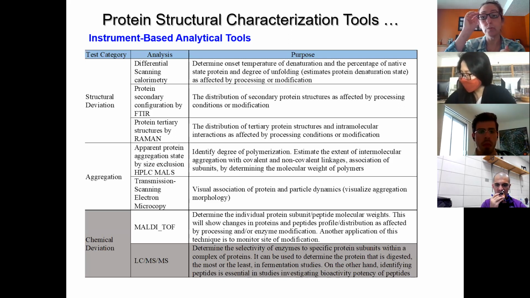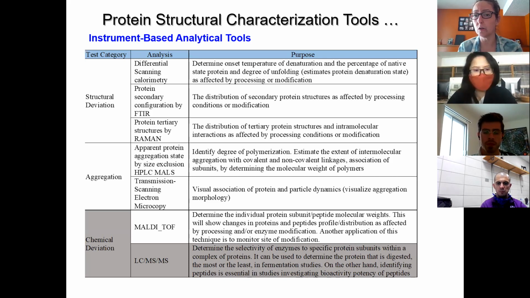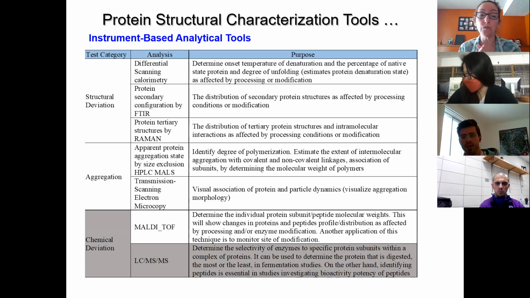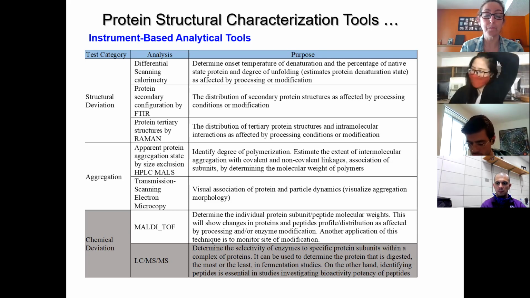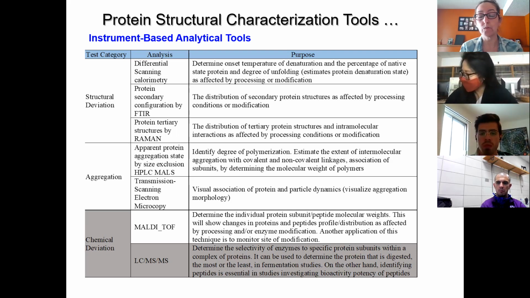And it can also be used for identification of proteins from different sources. For example, we used it in studying proteins from intermediate wheatgrass compared to the proteins from wheat, and we were able to look at similarities and differences using the LC-MS approach.